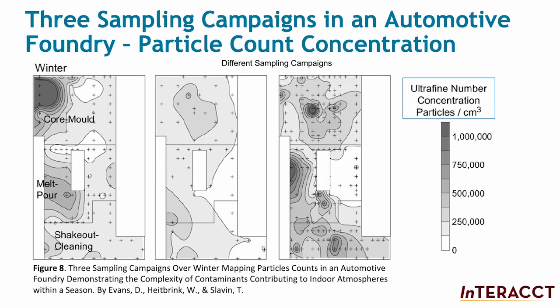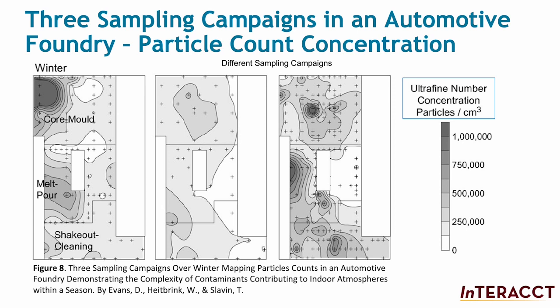Evans et al. were looking at ultrafine particles in an automotive gray iron foundry. Here are examples of spatial maps obtained from several sampling campaigns conducted during winter months. The authors admitted that there was quite a bit of difference in particle concentrations depending on the sample day, and that they could not readily explain why those differences occurred other than to conclude that they demonstrated a lot of day-to-day variation in concentrations.